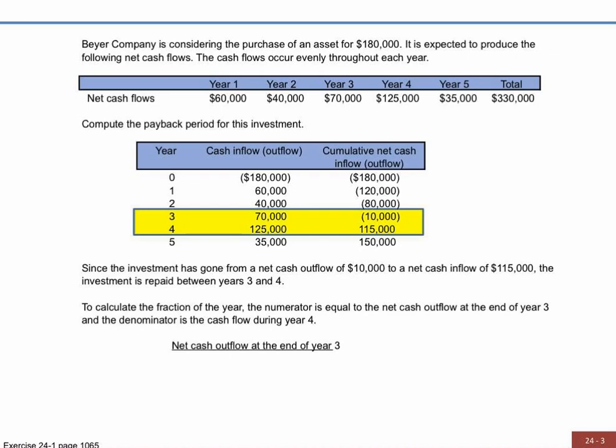So we take 10,000 divided by 125,000 to get 0.08. So after 3 years, we had 10,000 as a net cumulative cash outflow, and then another 0.08 years to get the remaining 10,000. So our payback period would be 3.08 years.